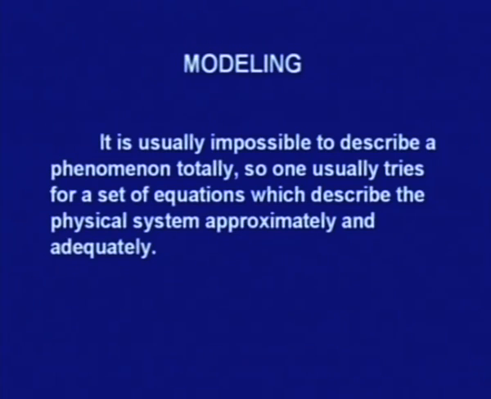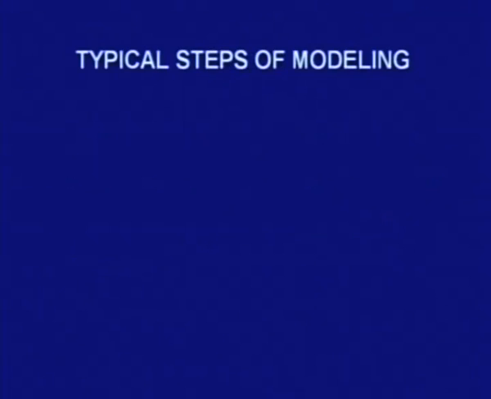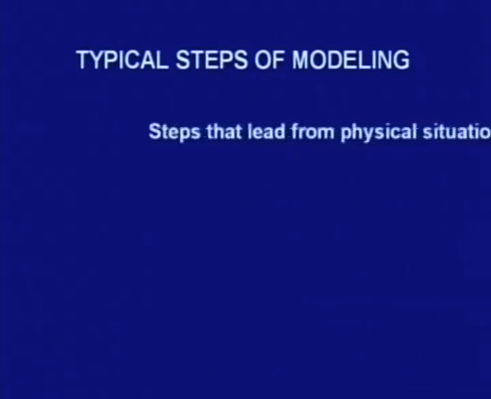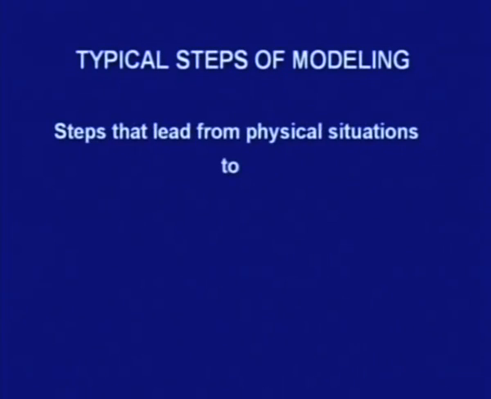So, what we do is find a set of equations which can describe the system approximately. When we say approximately, of course, we are making certain assumptions and observations, and thus we come up with a set of equations.